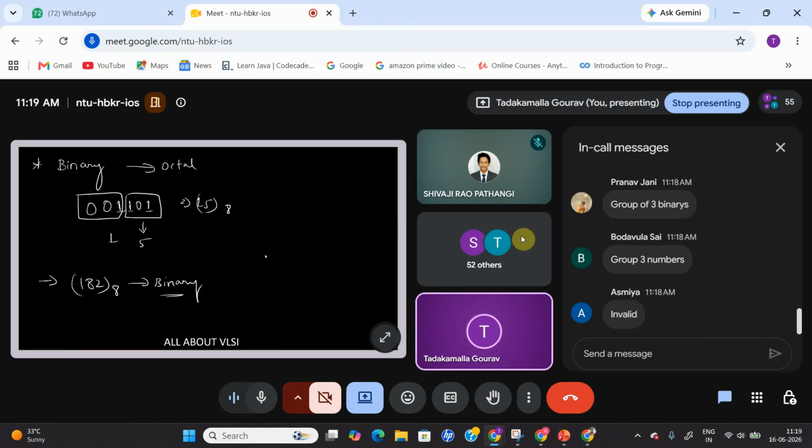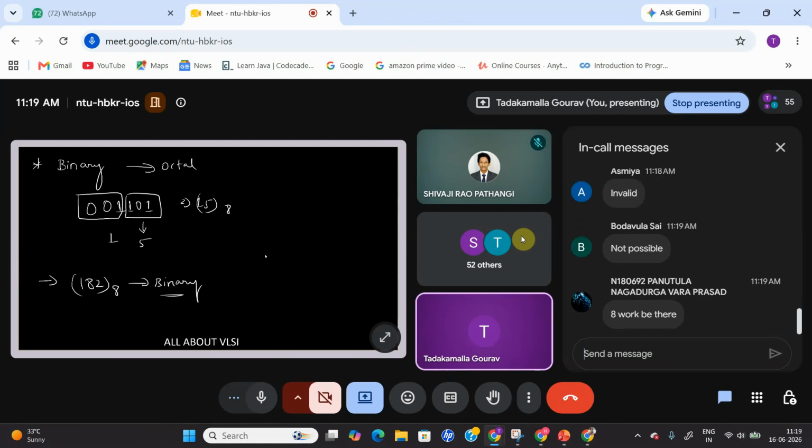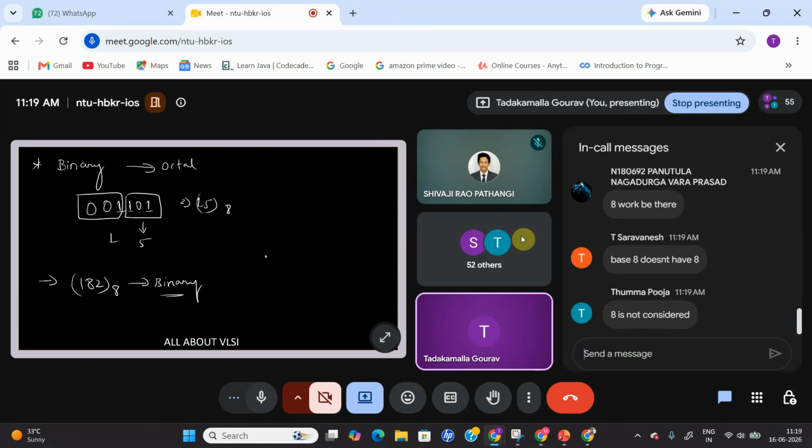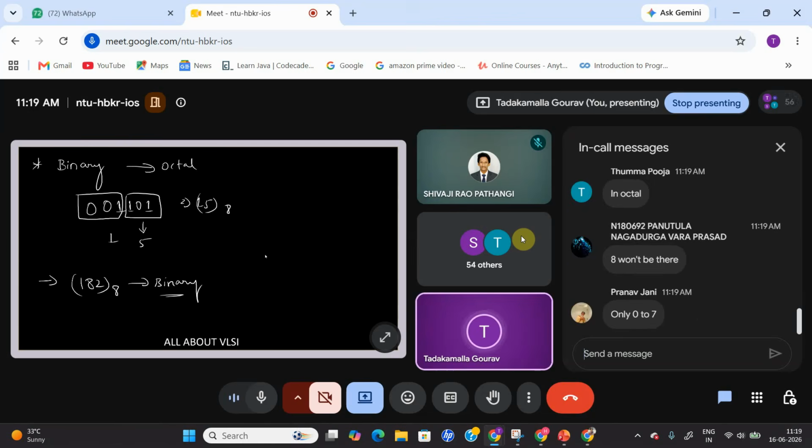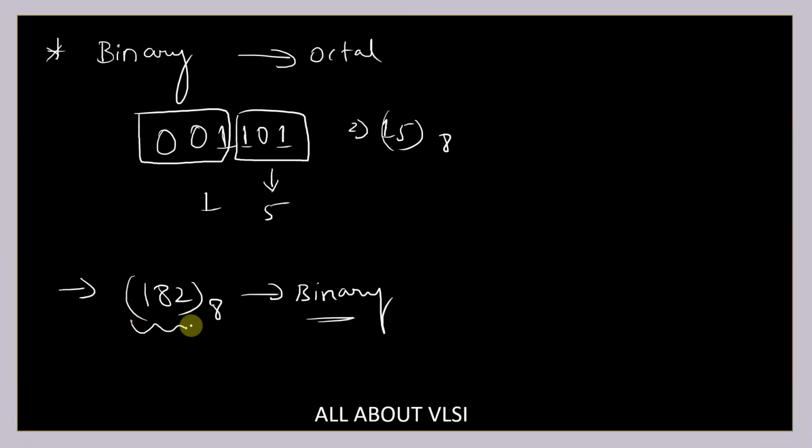Waiting for your responses. 182 base 8. I got one answer. Exactly. In base 8, we don't have a digit 8, so you should check that. We only have the digits from 0 to 7.